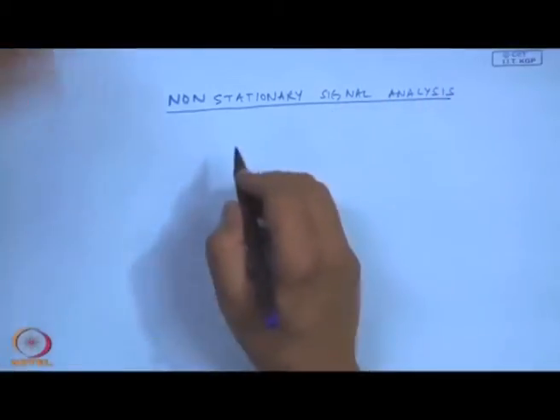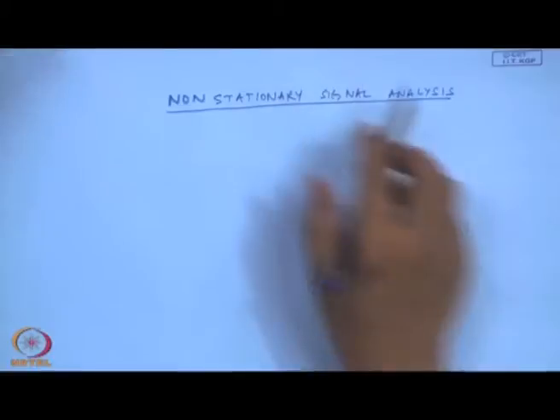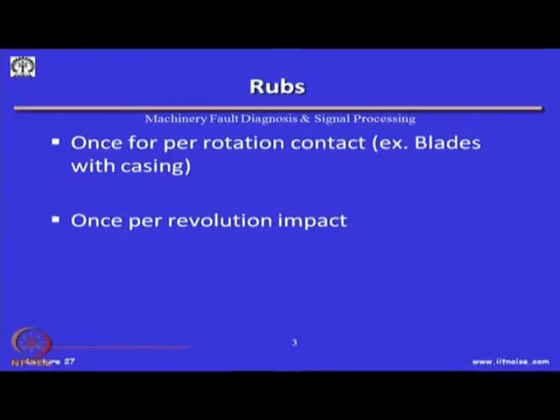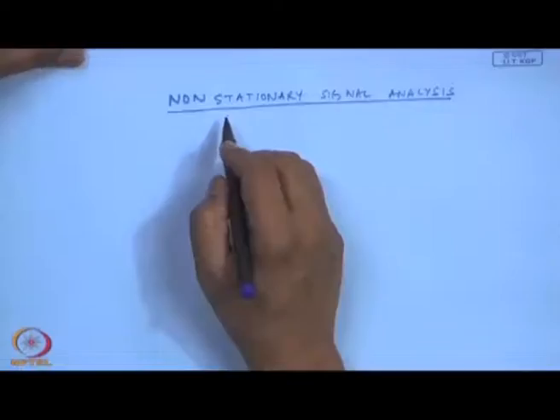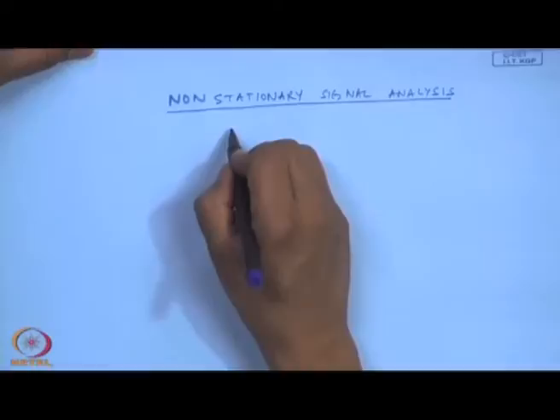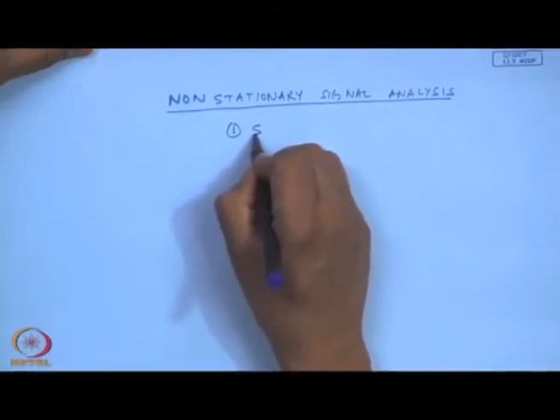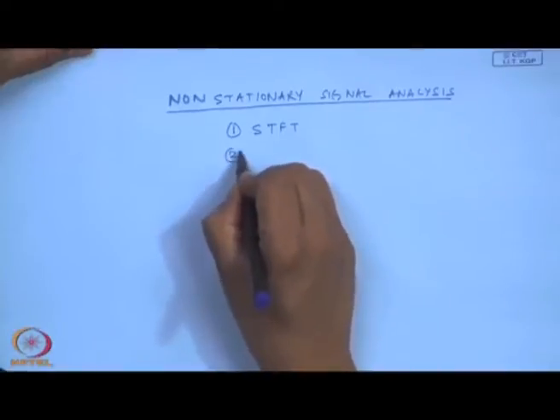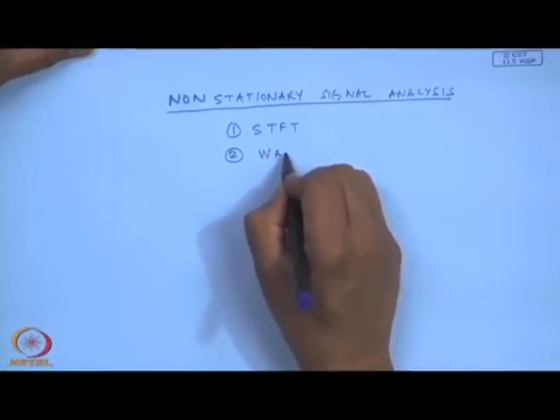And what are the non-stationary signal analysis techniques? Before coming to RUB, I will conclude in the sense that in non-stationary signal analysis, we can do what is known as the STFT. I can do what is known as wavelets.